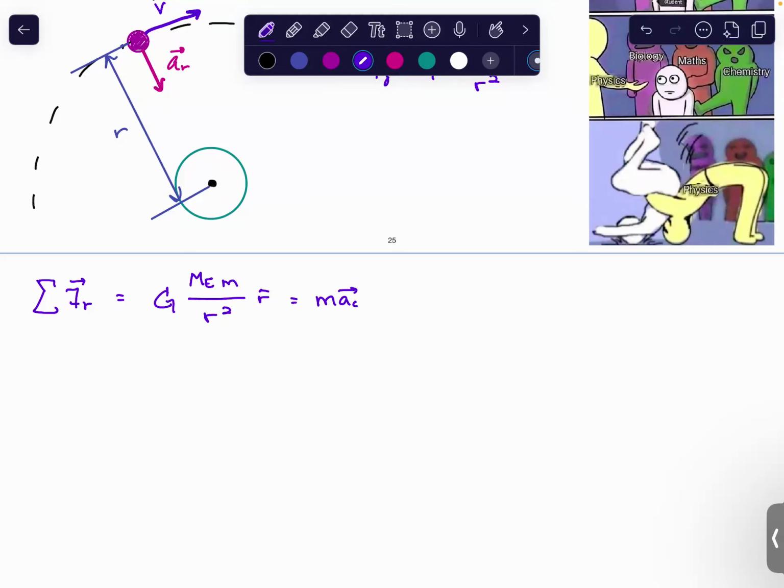So for circular motion, which way do we say is positive? Towards the center of the circle. So since these both point that direction, okay.